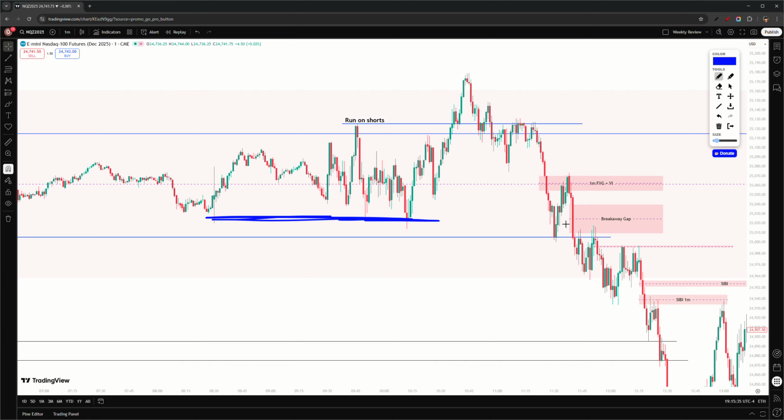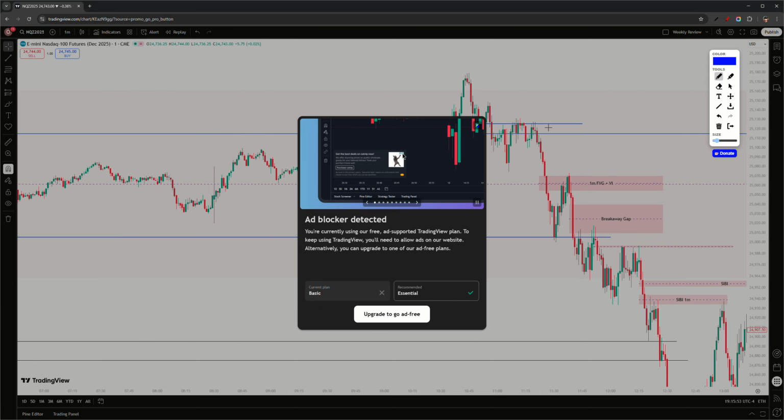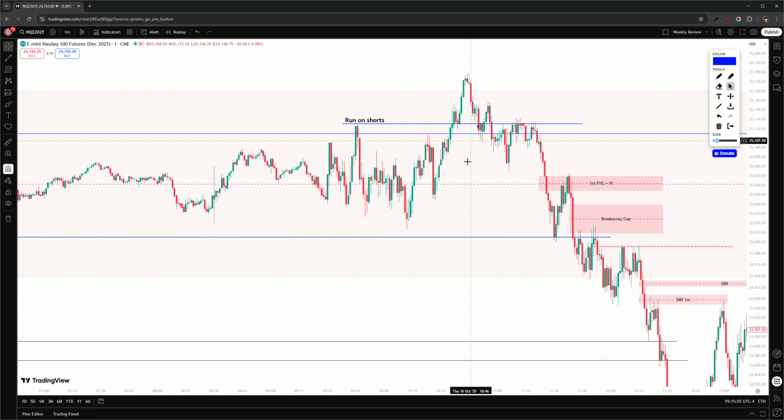There are people who had that idea. We're gonna talk about market structure and show how there were some clues in the structure of price that gave us the idea that price was going to continue going lower. So let's see that.